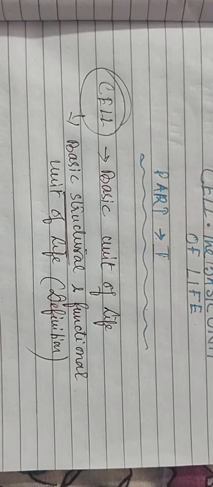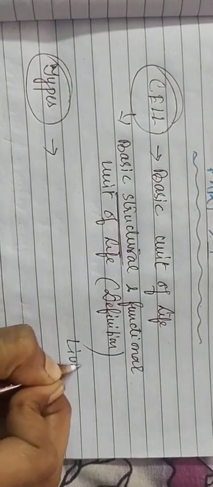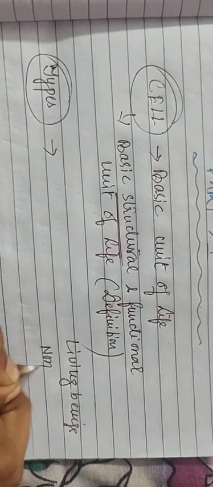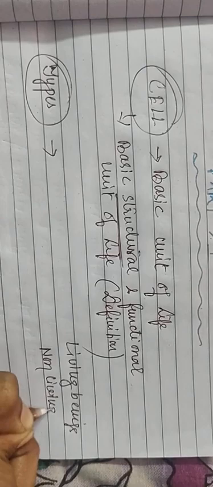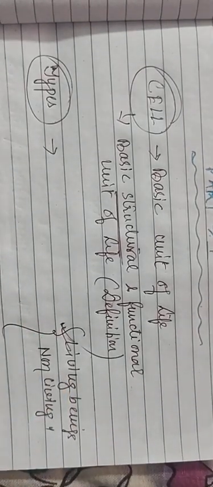Cell is the basic structural and functional unit of life. Next, you should know how many types of cells there are in our environment, and where the cell is actually found: in living beings or non-living beings? Cell is always found in living beings.